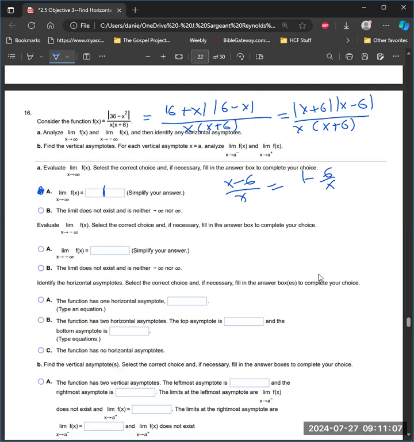And as I go towards negative infinity, we're going to have a negative times a negative down here, but the numerator is going to be positive, so that's still going to be positive.